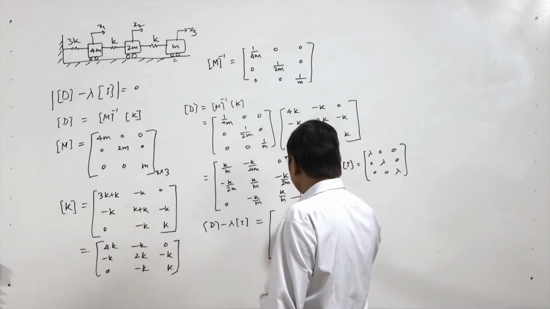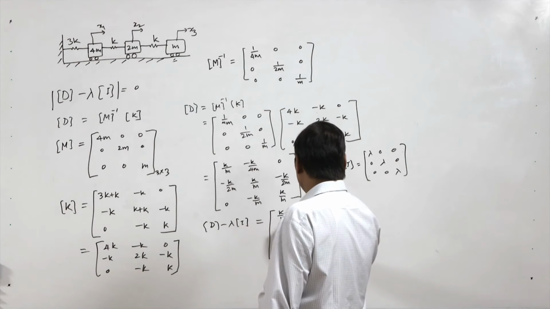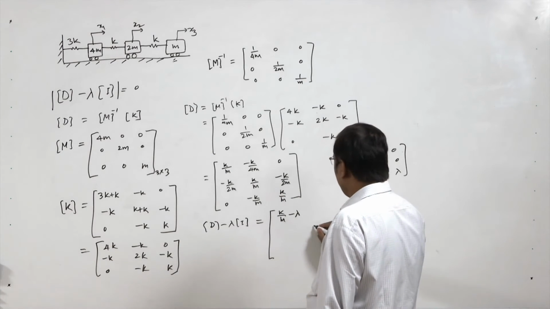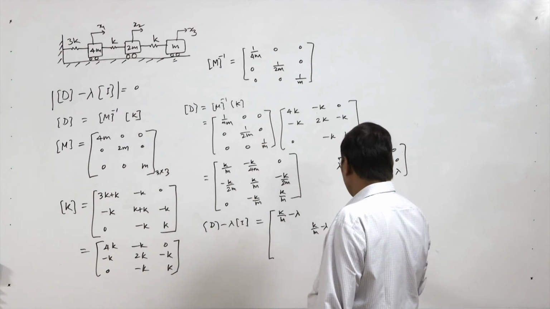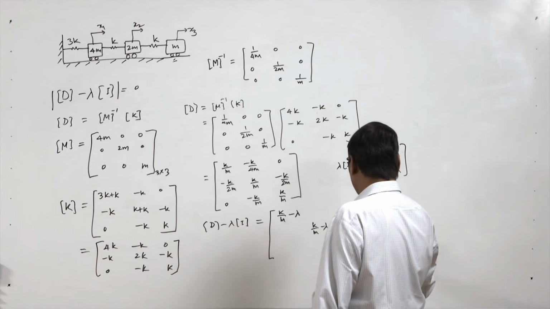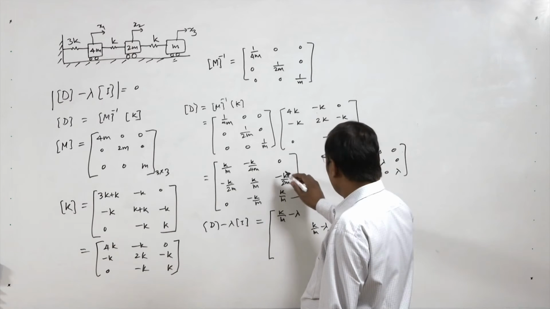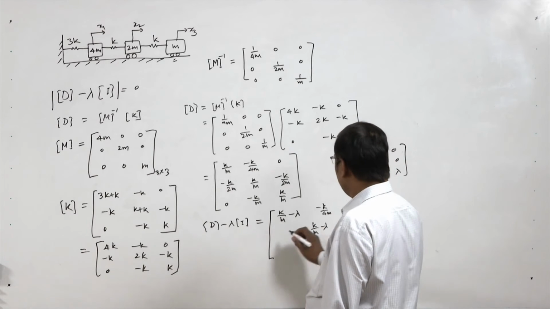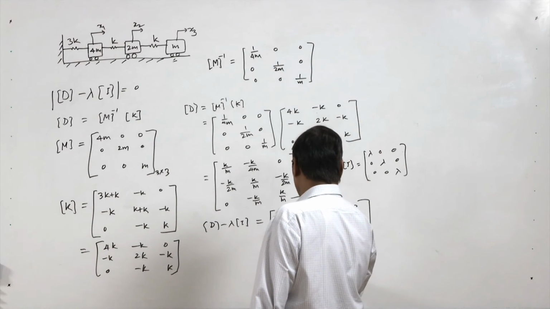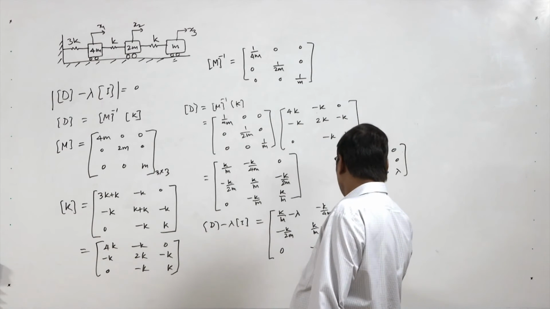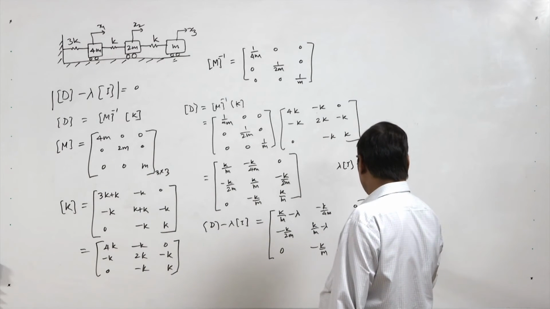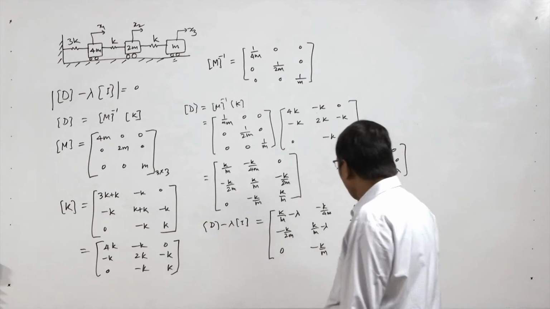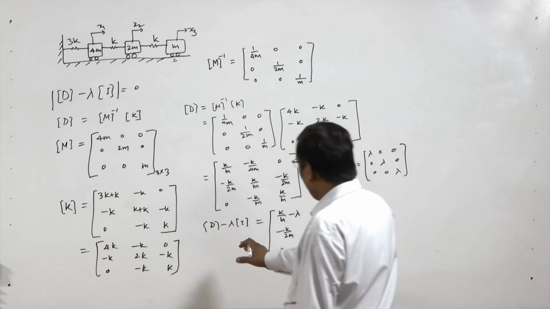So we will have K by M minus lambda on each diagonal, and the rest of the terms remain as such. So here minus K by 4M and then 0, here minus K by 2M and then 0, minus K by M and minus K by 2M. So this is D minus lambda I. Now we have to take the determinant of this equal to 0.